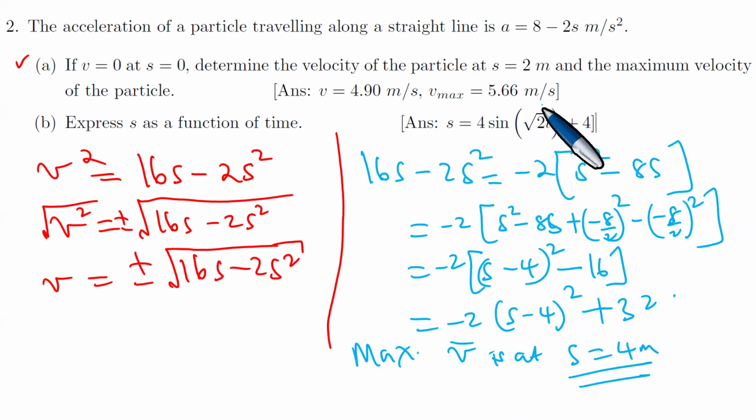So the maximum velocity is going to occur when s equals 4 in this equation, whenever this perfect square equals 0.